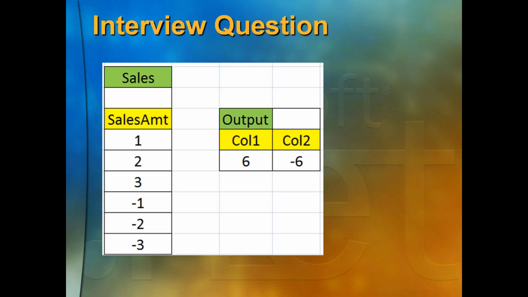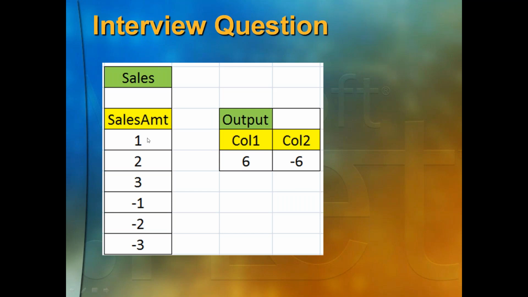Am I clear? And one more interview question I'll tell you. They ask like this: 1, 2, 3, minus 1, minus 2, minus 3. They want to have in column 1 the sum of positive numbers, and in column 2 the sum of negative numbers. If you say sum of sales amount, you will get 0. Why? 1 minus 1 is 0, 2 minus 2 is 0, 3 minus 3 is 0.